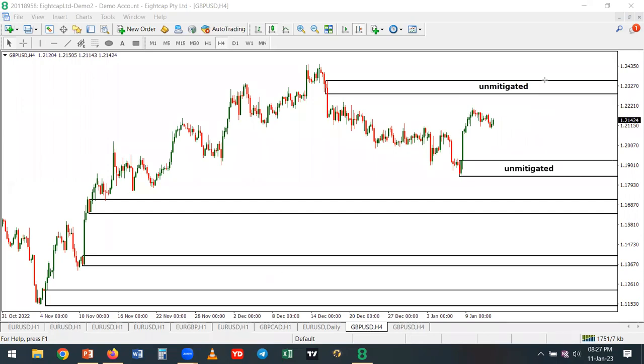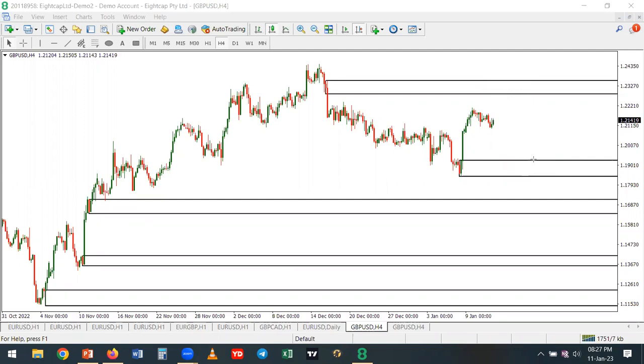When the price comes to this order block above, I will look for a sell opportunity. And when I sell here, I'm going to sell to target my profit on this particular order block. So the price comes to this order block, mitigates it, and once it's coming down, it is coming down to this order block to mitigate it. All right, good.